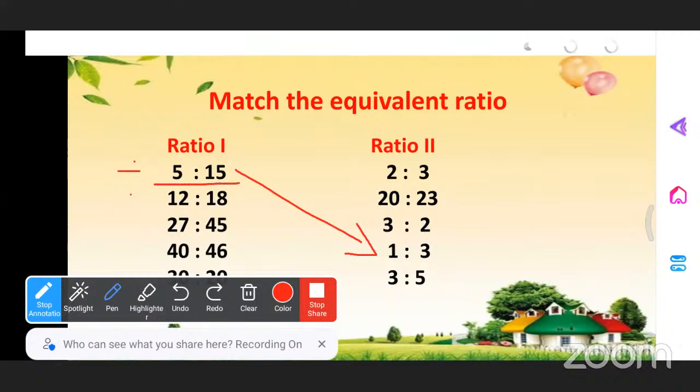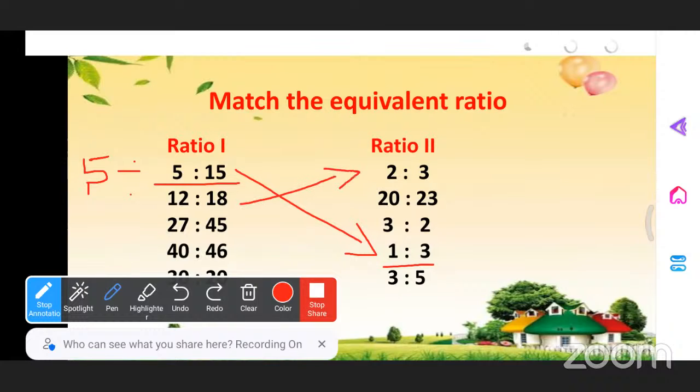For the first one, we divide by a table. Which table can you divide by? Ma'am, the 5 table. Very good, Kanna. So we divide by the 5 table, that's why we get 1:3. Ma'am, for the second one, the answer is 2:3.